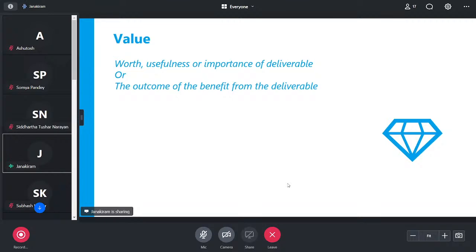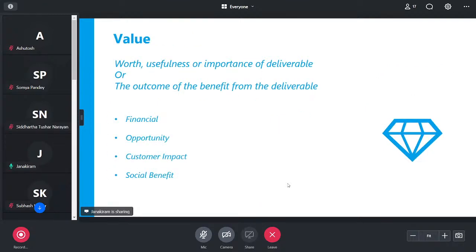So there is no standard definition for value, but you can broadly put it like this: it is the worth or usefulness or importance of the deliverable that you give, or the outcome of the benefit from the deliverable that the user experiences can also be called value. It can be financial, it can be an opportunity for your company, it can be a customer impact that may bring more business. It can be a social benefit.